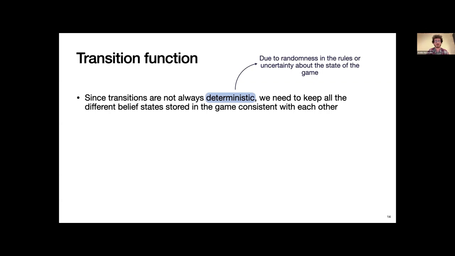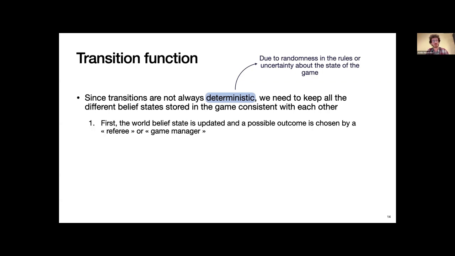So, for example, when you are playing Stratego and you are attacking an opponent piece, you don't actually know the identity of the opponent piece, and so there are different transitions possible. And so we need to keep all the different belief states that are stored in the game, the world belief state, all the private belief states, and the public belief states, consistent with each other.